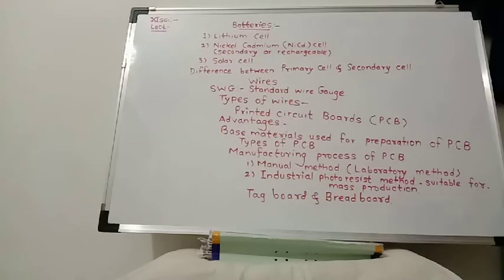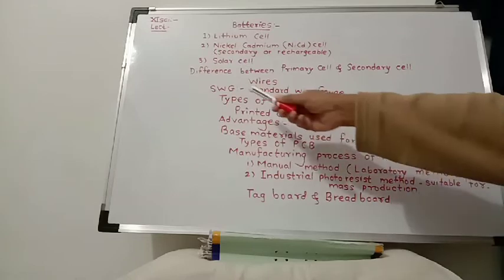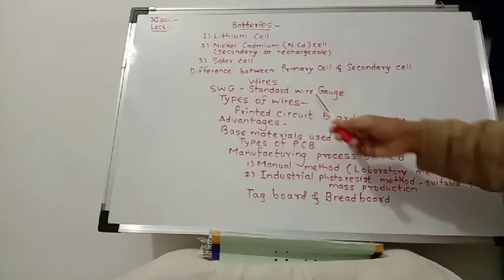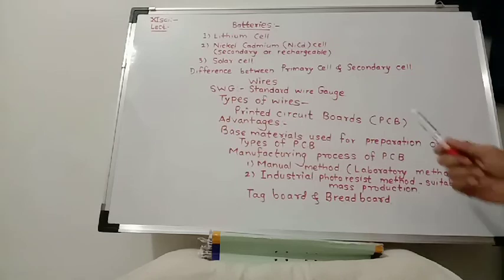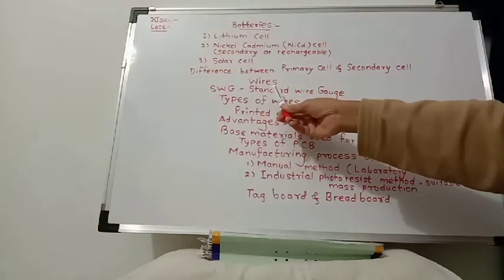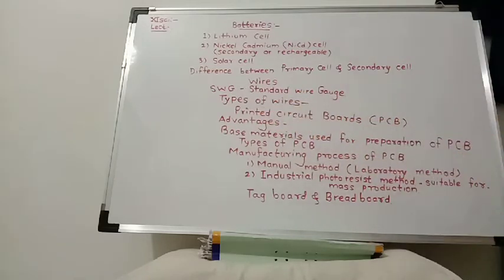Okay, then we will study about wires. First of all, we should know SWG. SWG means standard wire gauge. The SWG numbers specify the size of round wire in terms of its diameter and cross-sectional area.